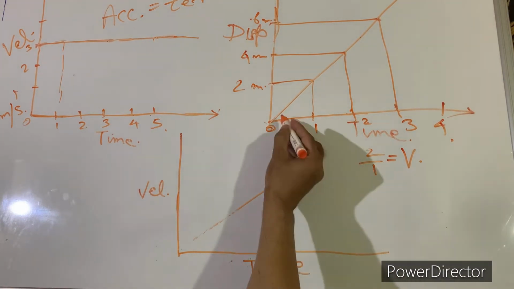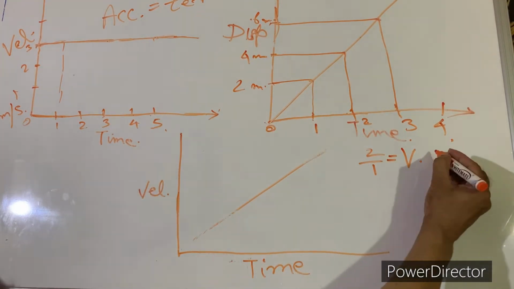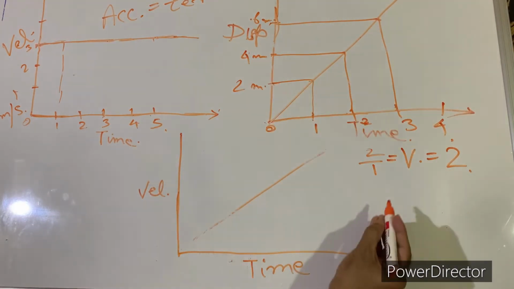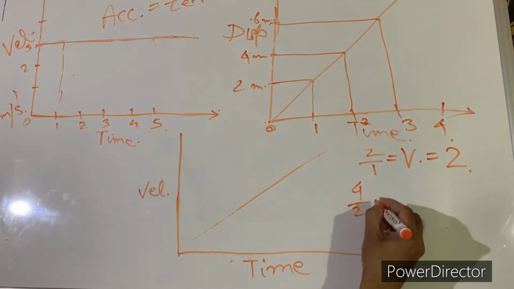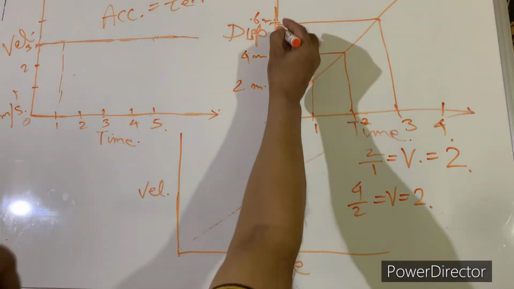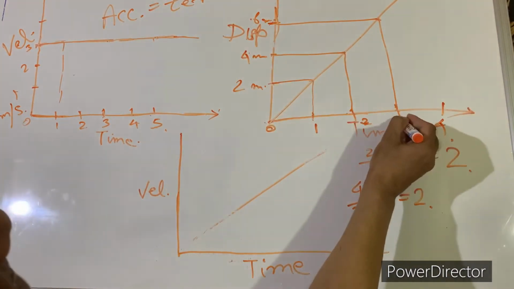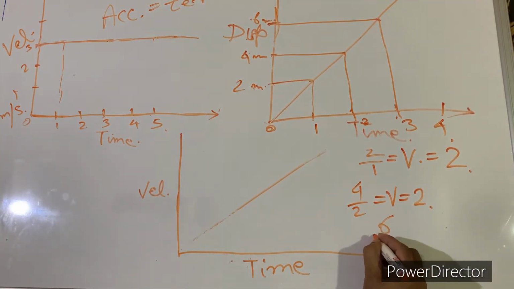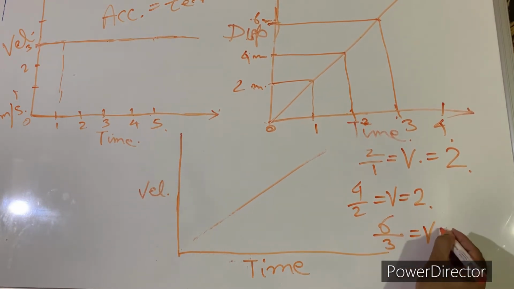So velocity at the beginning was 2 by 1, that is equal to 2. Then at 2 seconds velocity was 4 by 2, which again comes out to be 2. And then after 3 seconds the displacement of the body was 6 meters. Hence displacement by time is equal to 6 by 3, which is the velocity of the body, which again comes out to be 2. So what does the graph show?